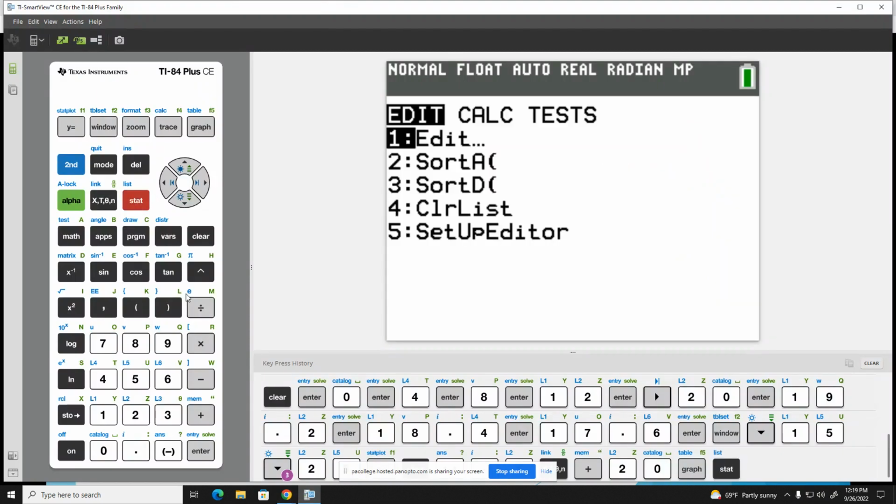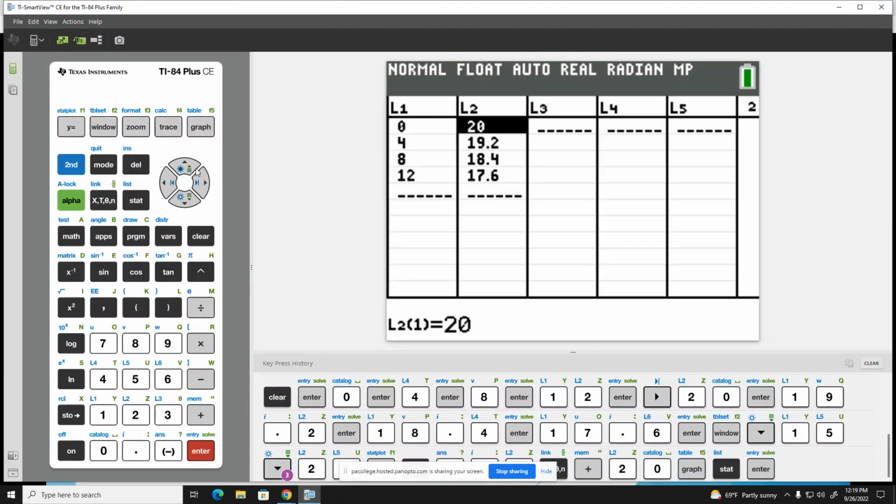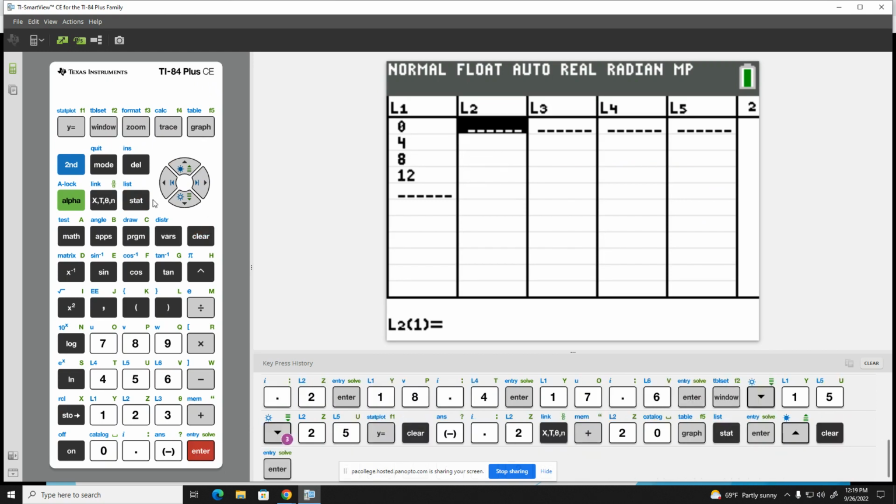We'll go to Stat, Edit, arrow up to the list name, and hit Clear to remove data from a previous problem. And we'll put our time values in here, which are x values. They go in for our list 1.